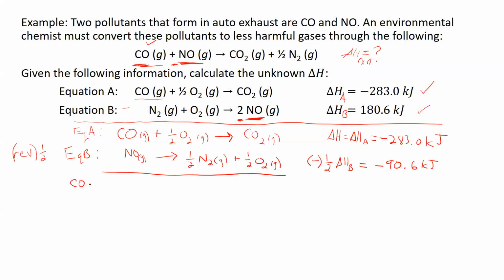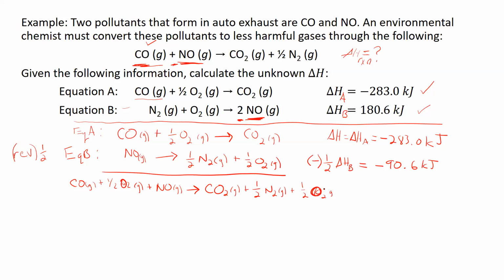Now, if I've done this right and I've set this up properly, and when I add these reactants, CO gas plus 1/2 O2 gas, right? So there's the reactants from the first equation plus the reactant from the second equation, NO gas, those react to form the product from the first equation, CO2, plus the product from the second equation, 1/2 N2 gas plus 1/2 O2 gas.